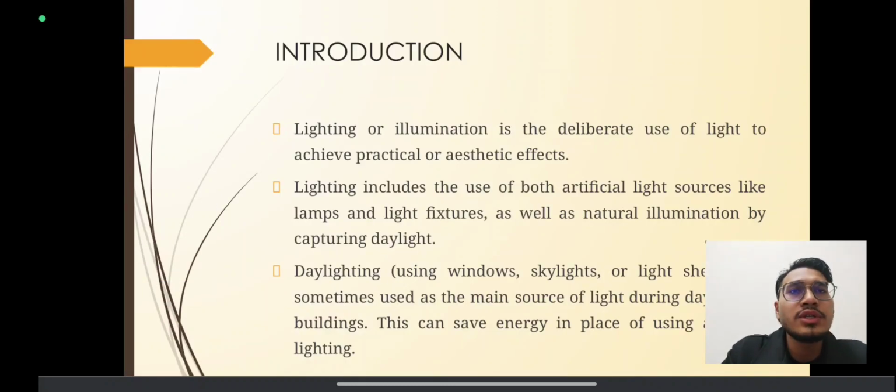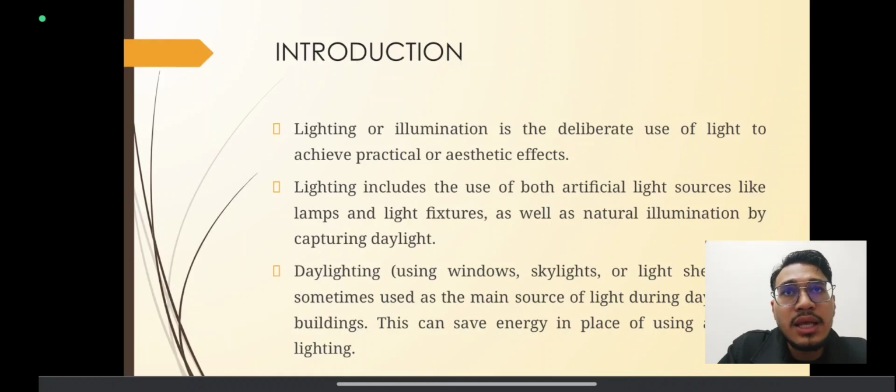For the introduction, lighting or illumination is the deliberate use of light to achieve a practical or aesthetic effect. Lighting also includes the use of both artificial light sources like lamps and light fixtures, as well as natural illumination by capturing daylight.